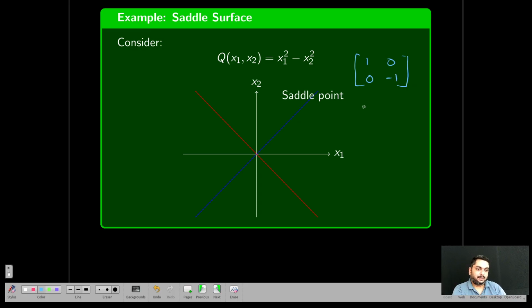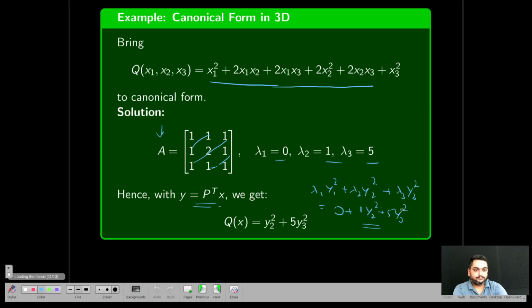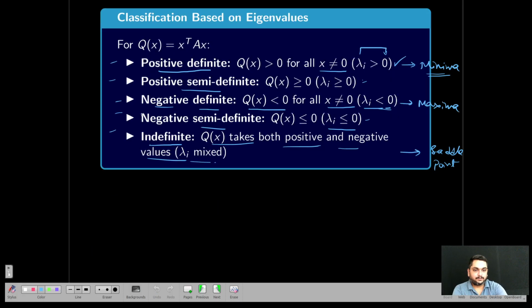So what are the eigenvalues for this? 1 minus lambda into minus 1 minus lambda equal to 0, so lambda square equal to 1, lambda equal to plus or minus 1. See, lambda is greater than 0 and also less than 0. So it's a saddle point. It is indefinite, mixed.